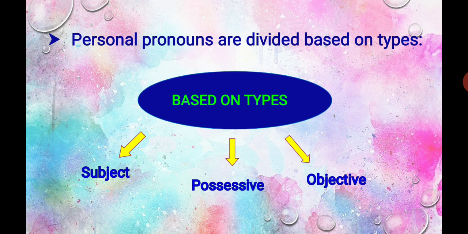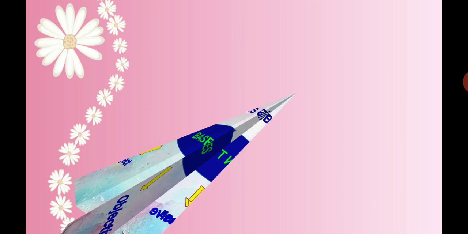So let's start to learn about the personal pronouns. Now we are going to start our first point of view. What is the first point of view? First person singular. There are two forms: first person singular form and first person plural form. So let's start with the first person singular form.